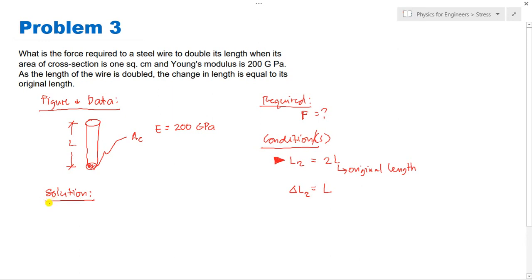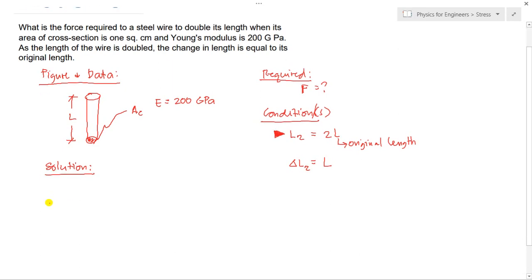Okay. In order to relate the force, the deformation, and the modulus of elasticity, we're going to use Hooke's law.